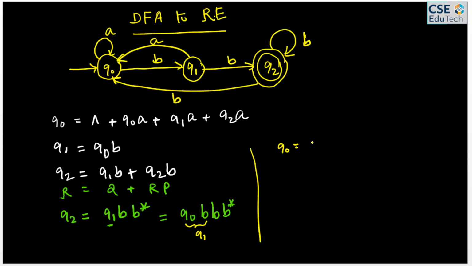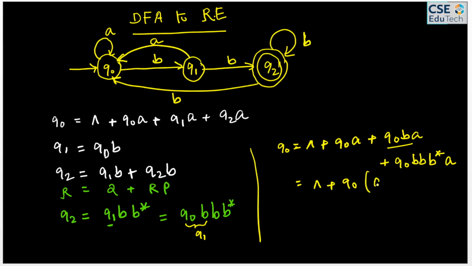Q naught equals null or Q naught A or Q1 A, that is, Q naught B A, because Q1 equals Q naught B. Then Q2 will be replaced by Q naught B B B star and then A. Now it will look like this: null or Q naught A or B A or B B B star A.